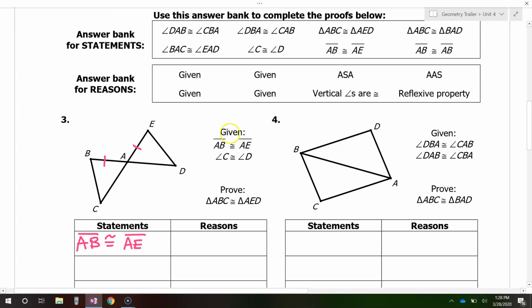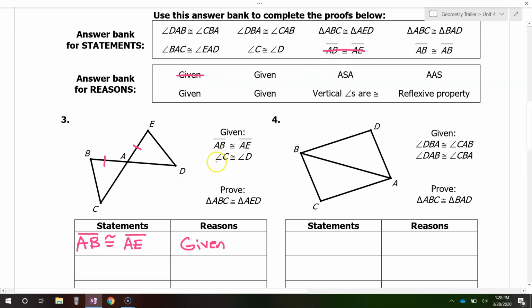And of course, the reason will be given. Okay, I think we're supposed to cross these off as we use them. So we used AB is congruent to AE, and we used one of the givens.